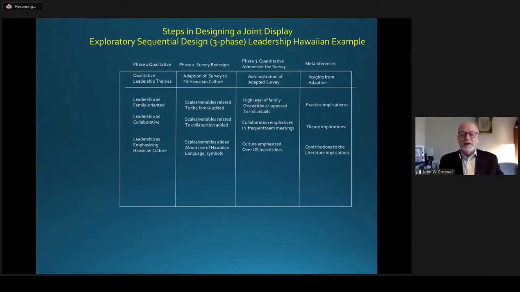And then when I actually tested out the instrument, here were some of the quantitative results. And then the insights, looking across the row here. What are the practice insights? What are the research insights, etc.? So that's kind of how I would draw a sample joint display.